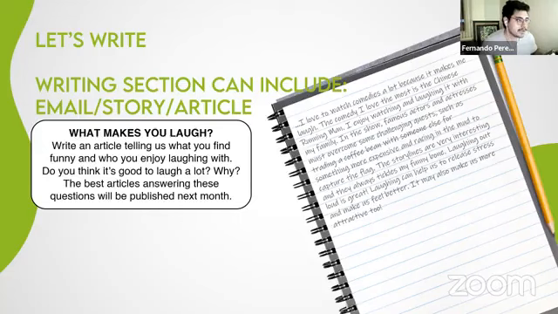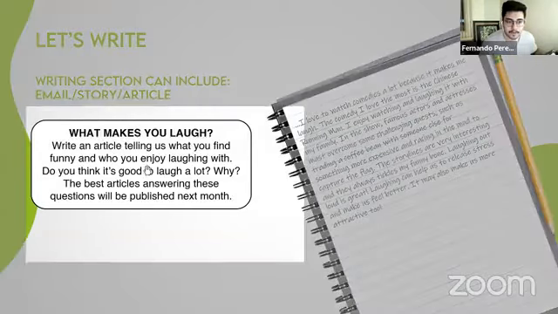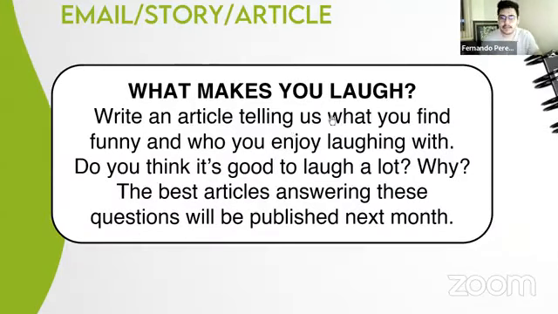In this case, we are going to see an example of an article. And the article goes like this. What makes you laugh? Write an article telling us what you find funny and who you enjoy laughing with. Do you think it's good to laugh a lot? Why? The best articles answering these questions will be published next month.